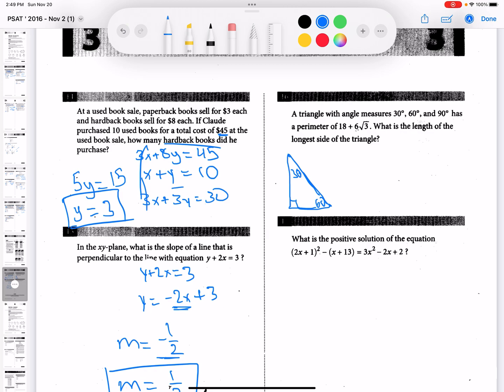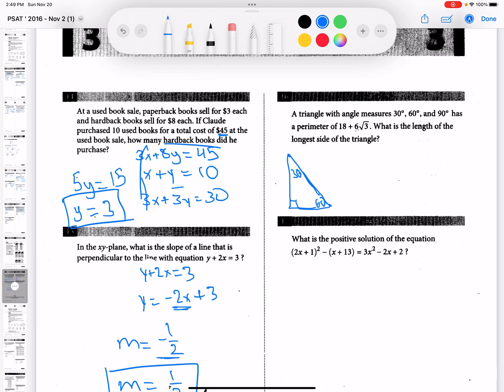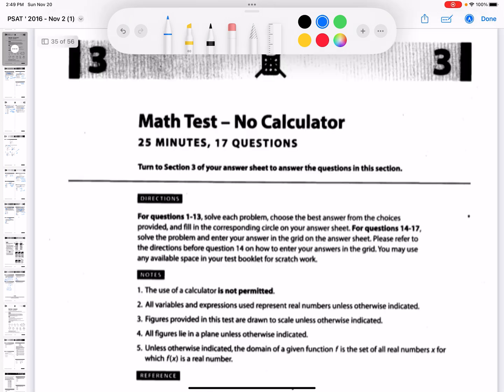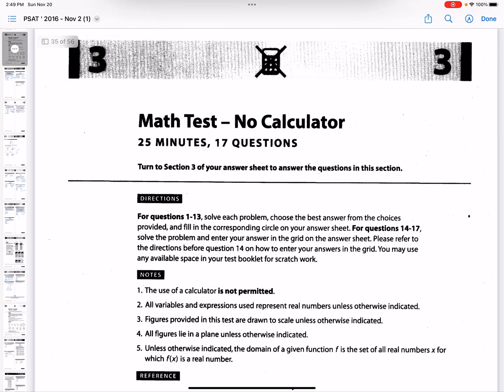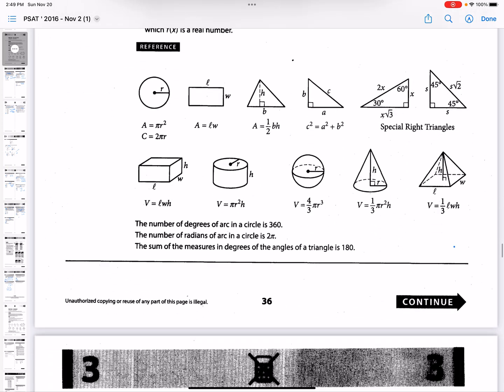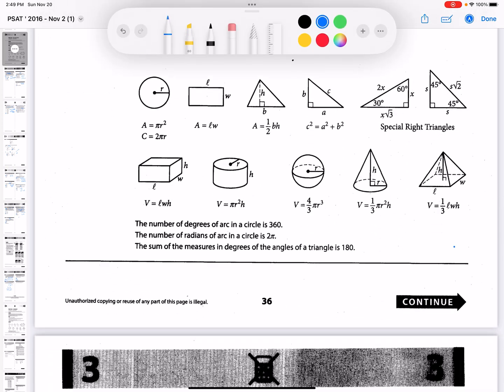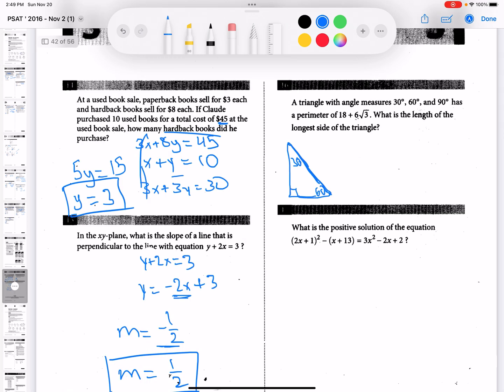We're trying to find the length of the longest side, which is also the x value. The longest side is always the hypotenuse. If we refer back to this, we can see that our hypotenuse is 2x, and this is x root 3. So I go back to the problem.